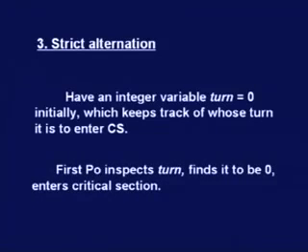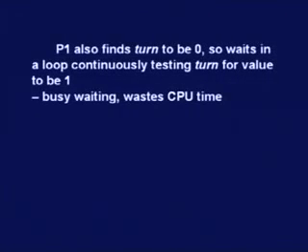The first process, let us say P0, inspects the value of turn, finds it to be 0 and enters its critical section. Now, if P1 is scheduled and it wants to enter its critical section, it will find that the value of turn is 0. So, it must wait till the value of turn becomes 1, because the value of turn equal to 1 means that it can enter its critical section.